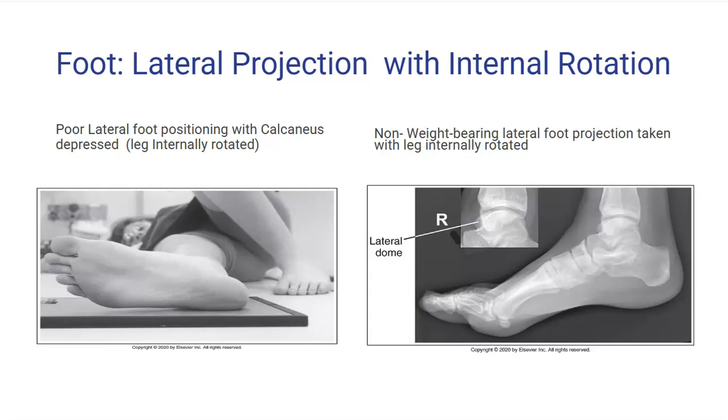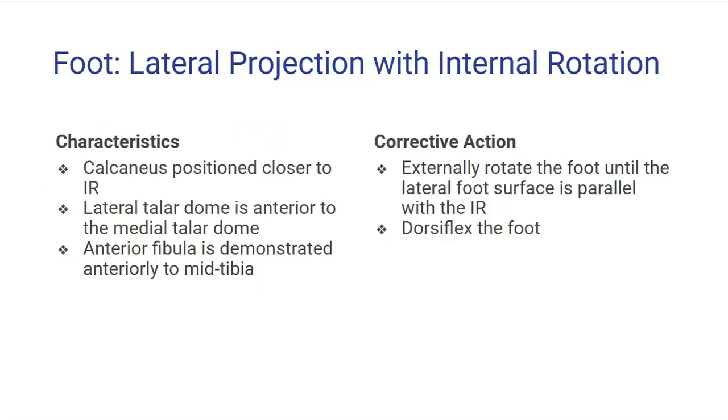With internal leg rotation, the lateral talar dome will move anterior to the medial talar dome, and the anterior fibula shifts anteriorly to the mid tibia. This results from the heel being placed down on the IR and the forefoot being rotated away from the IR. Here are those characteristics.